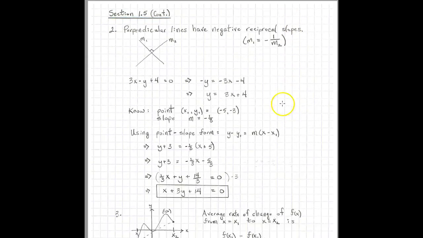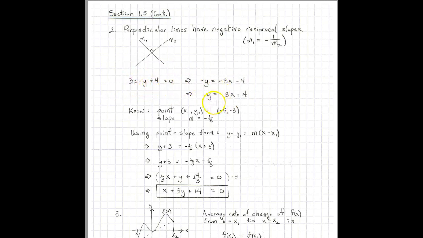So let's review that real quick. Perpendicular lines have what we call negative reciprocal slopes. So if we know the slope of m2, this line, that means m1 will be equal to -1 over whatever m2 is. So let's take the equation of the line that we want to find a perpendicular to, 3x minus y plus 4 equals 0.